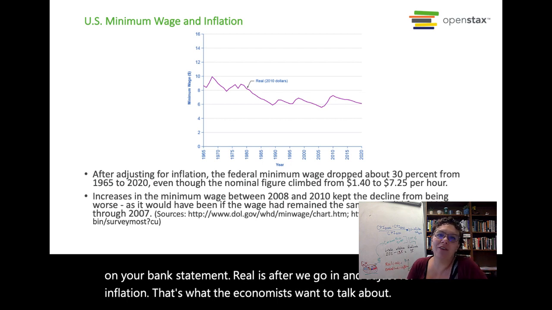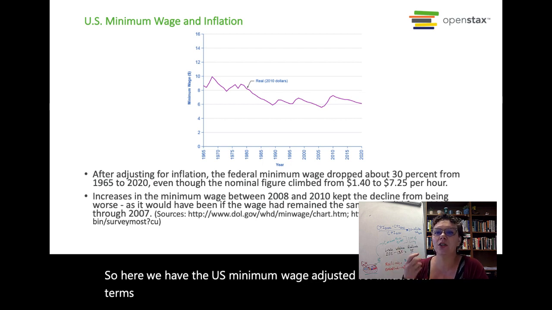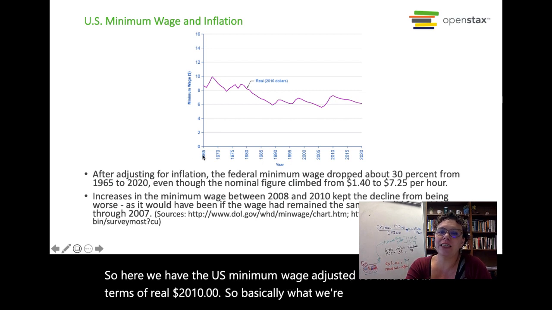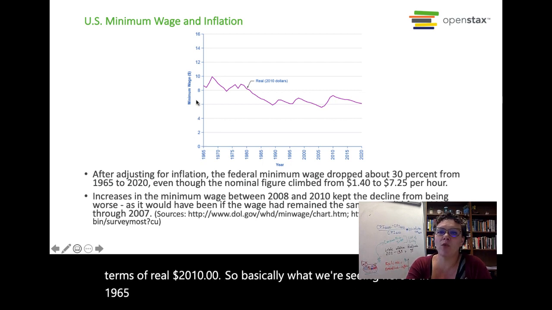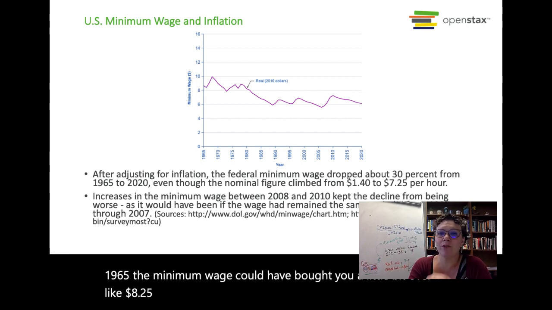So here we have the U.S. minimum wage adjusted for inflation in terms of real 2010 dollars. Basically what we're seeing here is that in 1965, the minimum wage could have bought you a little bit over $8.25 worth of goods.